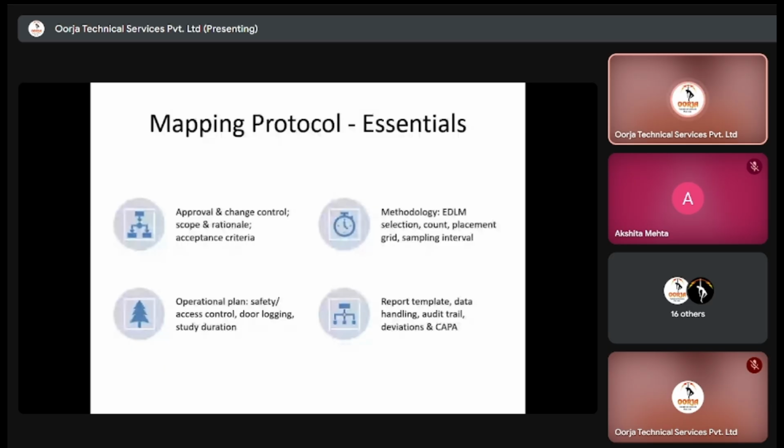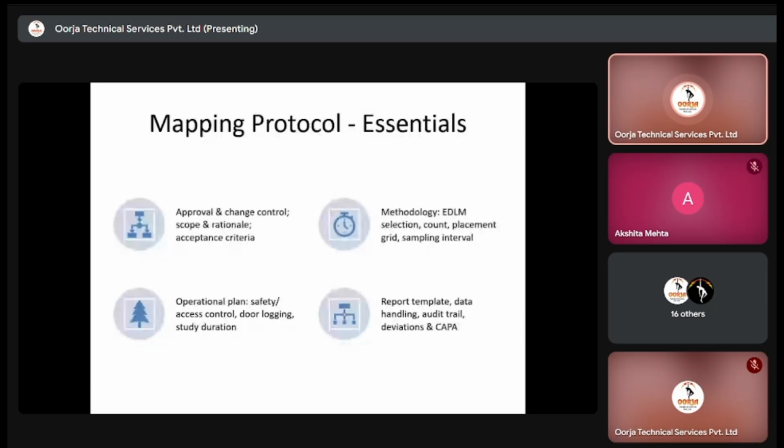So the primary focus must be on the protocol. If the protocol is good, then our mapping will be good, right? What are the essential parts of any mapping protocol?